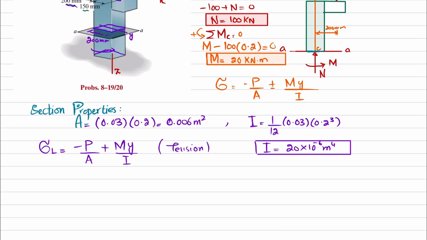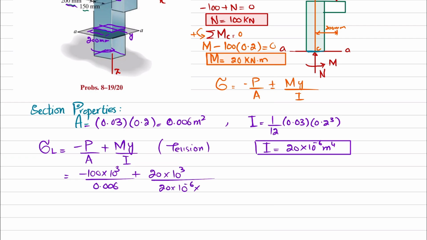Okay, put the value. P or N is the same, which is 100 kilonewton. So 100 into 10 raised to power 3 divided by area, which is 0.006, plus moment, which is 20 kilonewton meter. So 20 into 10 raised to power 3 divided by I, which is 20 into 10 raised to power minus 6.